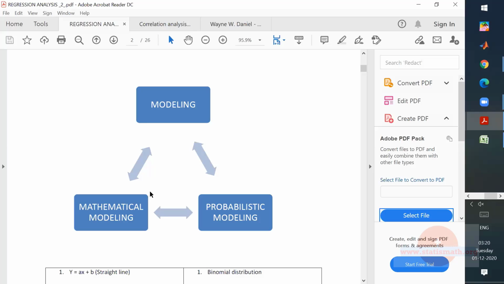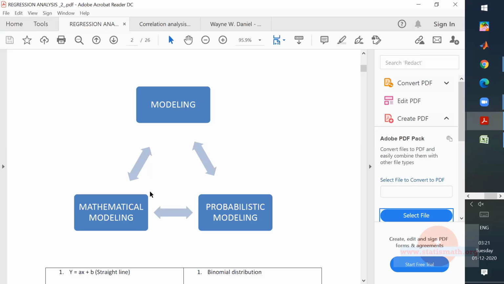So the year alone cannot be the independent variable here, right? You need to consider all these aspects in predicting the population. There are a lot of random components involved. That's why it's called probabilistic, because a lot of random components are influencing this model.